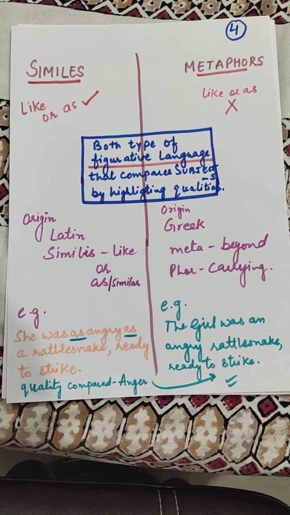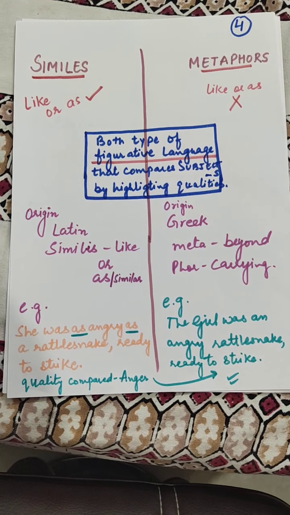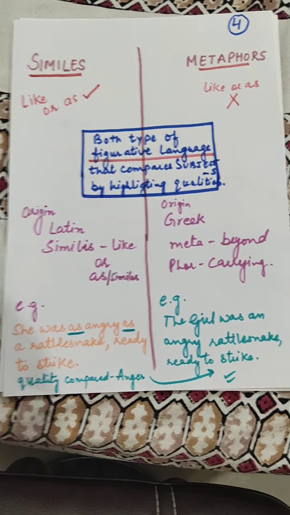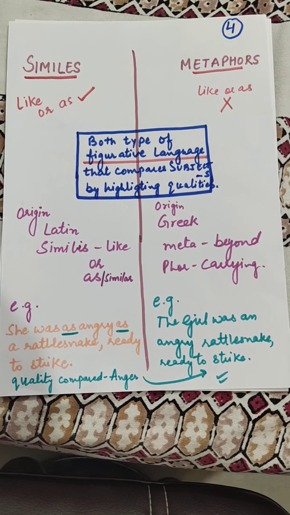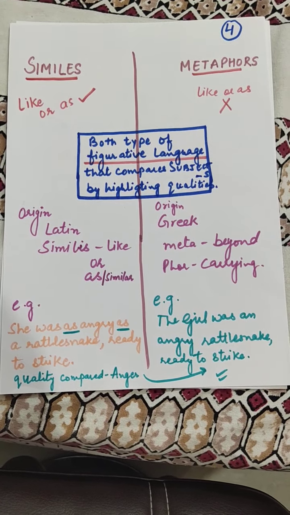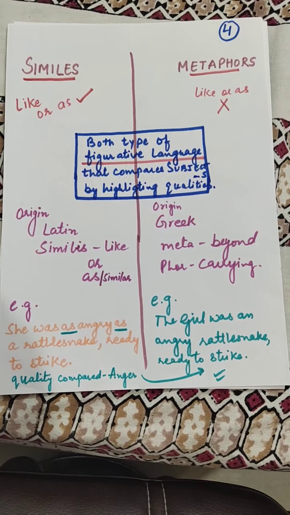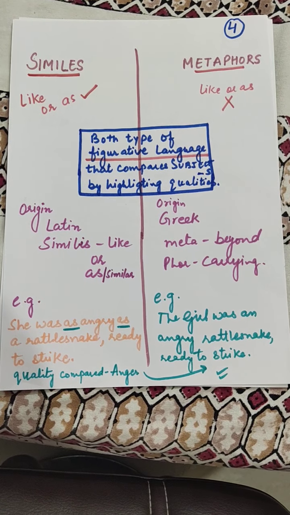As far as similes are concerned, they originated from the Latin word similis, which means like or similar, whereas metaphors are a combination of two Greek words. Meta means beyond and phor means carrying. It means for understanding and using a metaphor, you have to carry its meaning beyond the words.